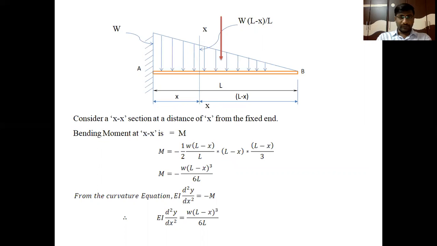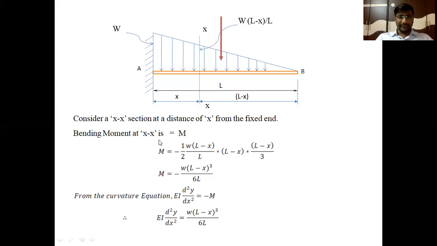By substituting the boundary conditions, we will get the final slope and deflections by eliminating the constants of integration. By using those, we can find slope and deflections at any point of the beam wherever we require. Okay, students? Let us go into detail on this problem.